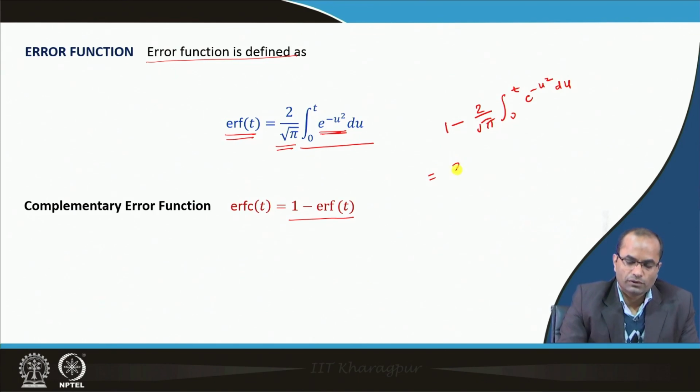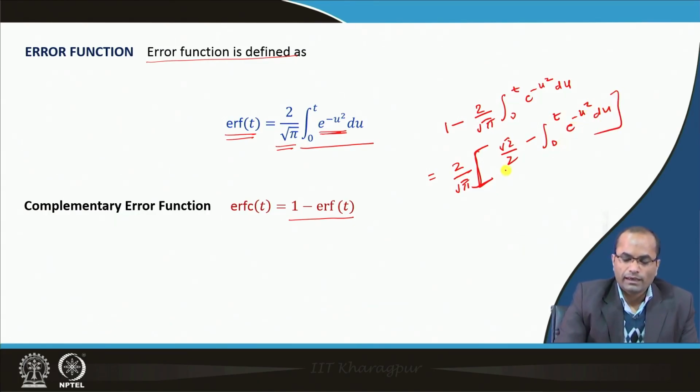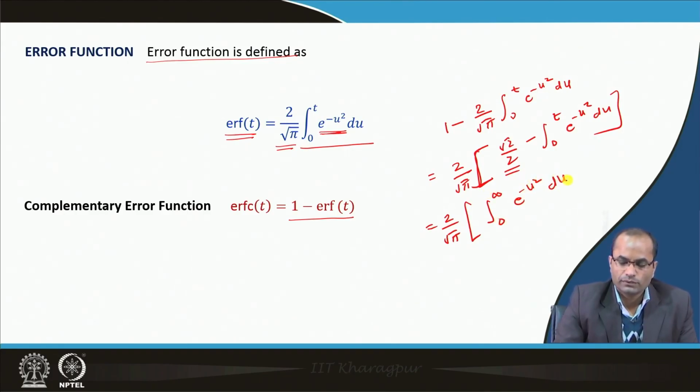So, if we take this common here 2 over square root pi, then it will become, so the bracket, square root pi by 2 for this 1 minus this 0 to t e power minus u square du, and this we can replace by this Laplacian integral, which is 0 to infinity e power minus u square du, and then minus 0 to t e power minus u square du.